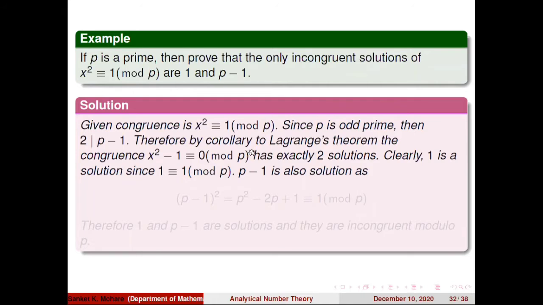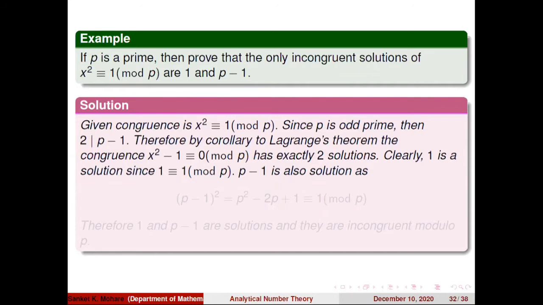Therefore, by the corollary to Lagrange's theorem, the congruence x squared minus 1 congruent to 0 mod p has exactly two solutions. What was that corollary? x to the power d minus 1 congruent to 0 mod p has exactly d solutions whenever d divides p minus 1, where p is a prime.